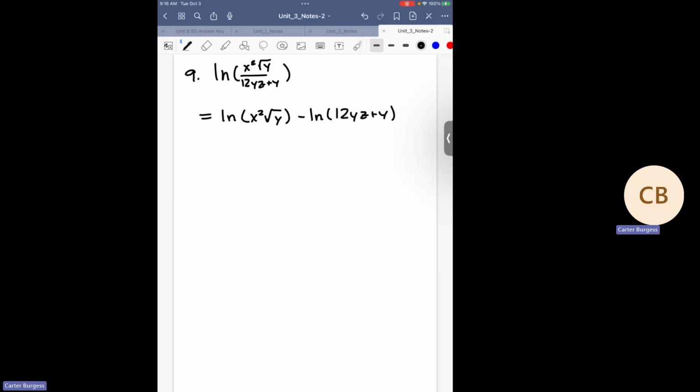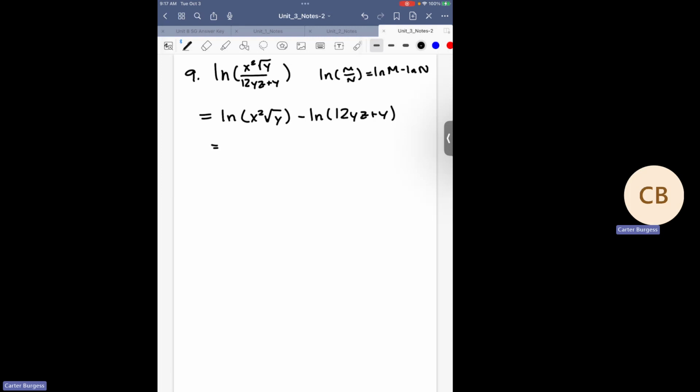Much, much easier to deal with. So looking at my first piece here, this is quotient rule, by the way. If I have ln of m over n, this is ln of m minus ln of n. So looking at this first one here, this is a product.